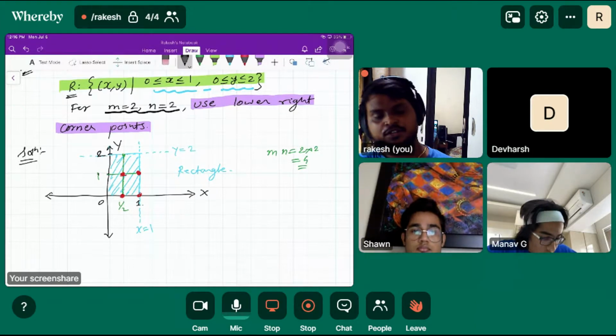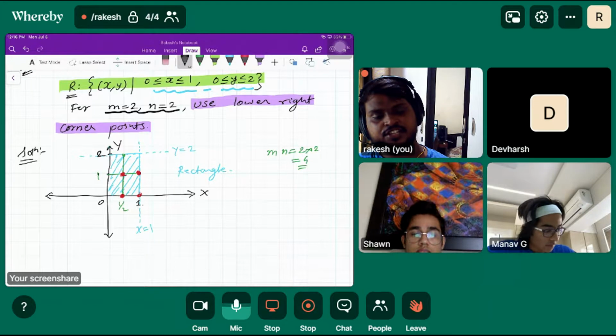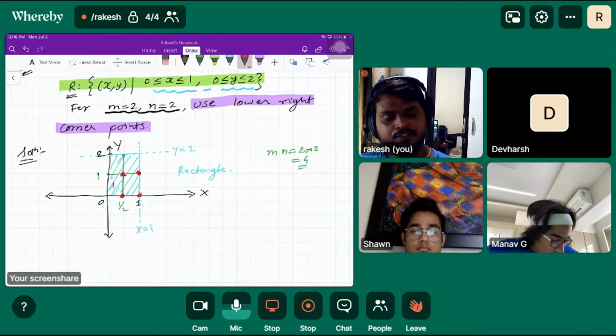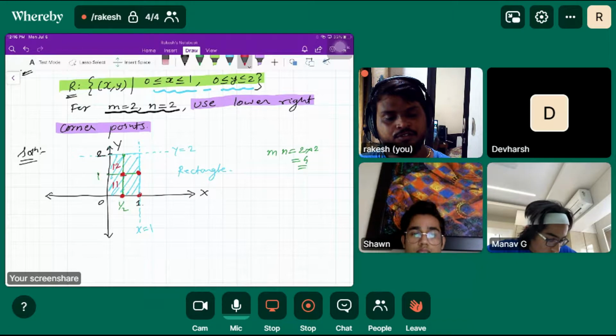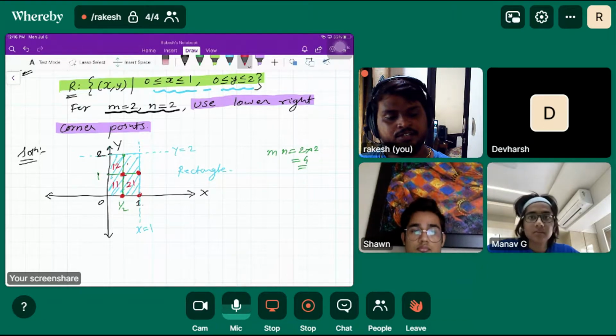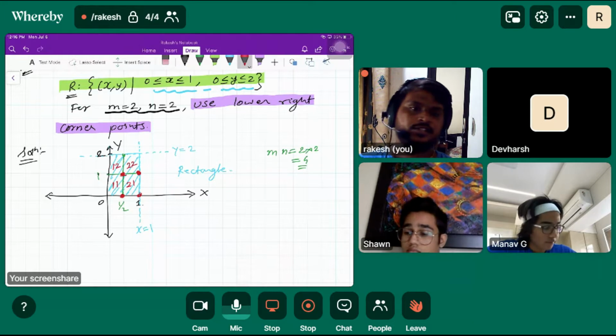So can you position each rectangle here? Like this is 1 1, above is 1 2, this is 2 1, this is 2 2.